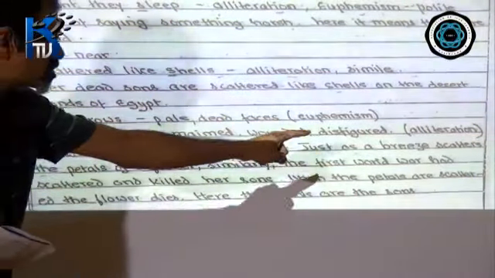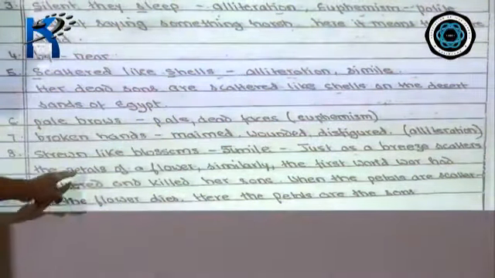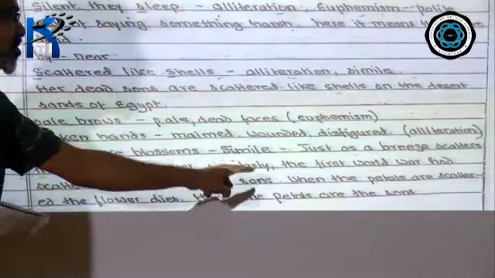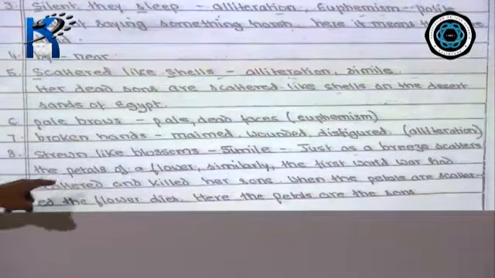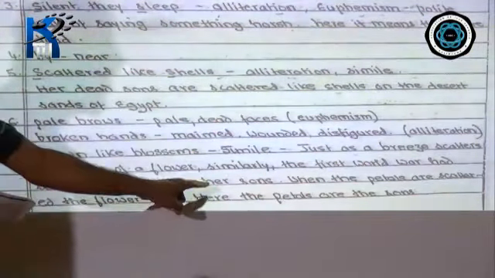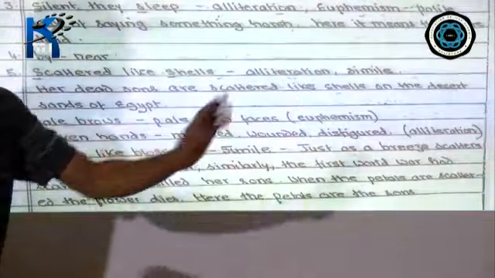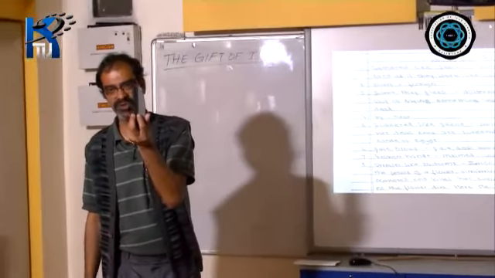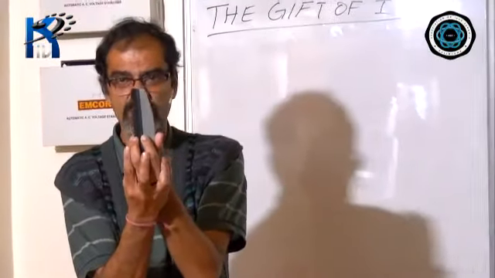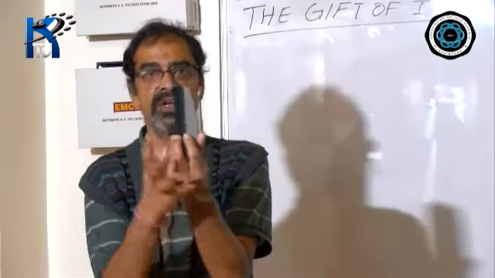Similarly, the First World War had scattered and killed her sons. When the petals are scattered, the flower dies. Here, the petals are the sons. Imagine this is a flower with many petals. Mother is holding the petals, therefore the flower is existing. Each petal is a son.